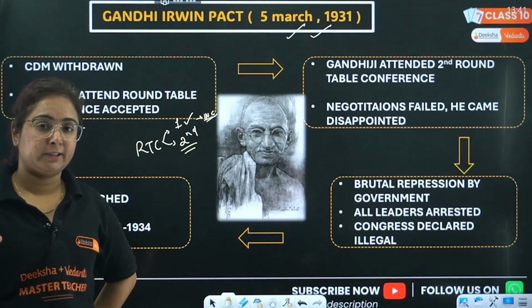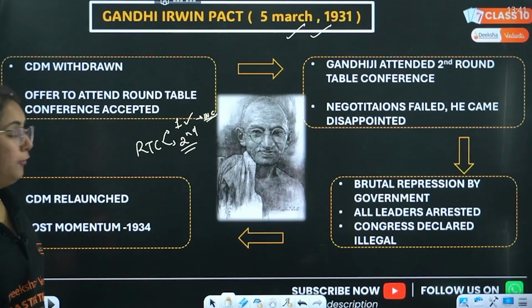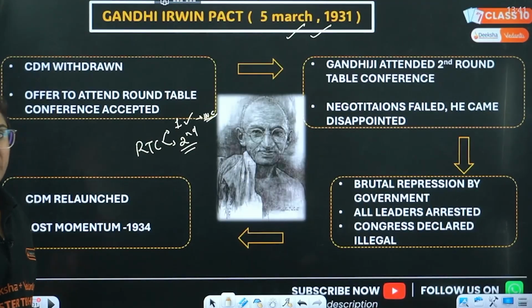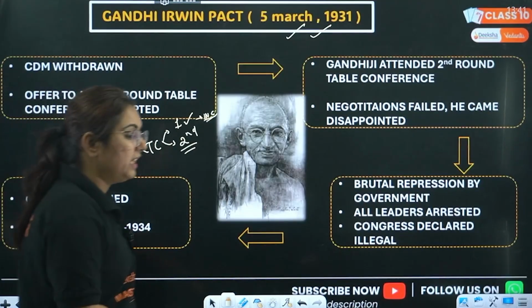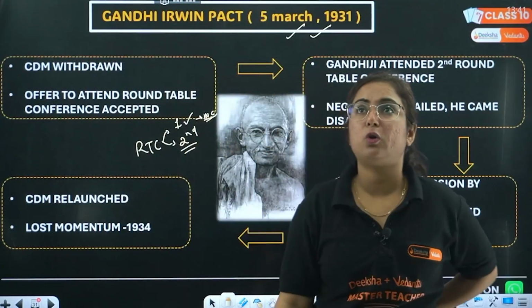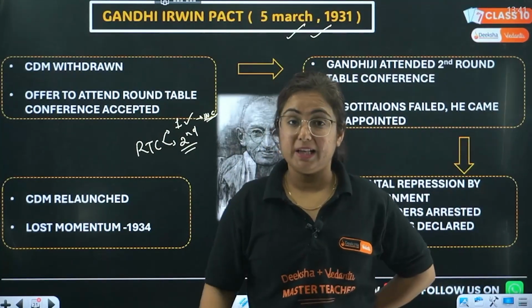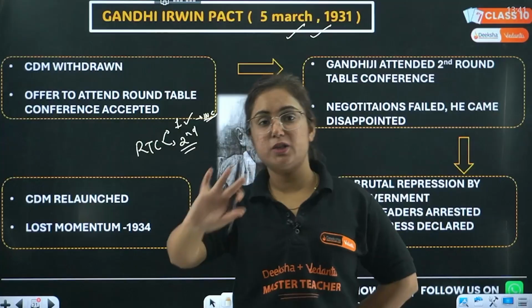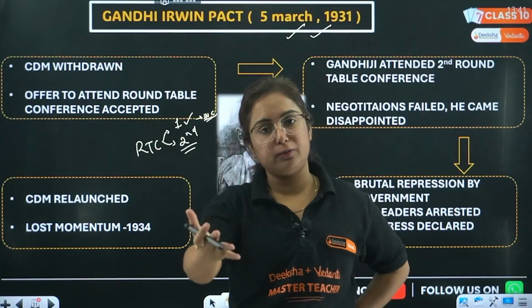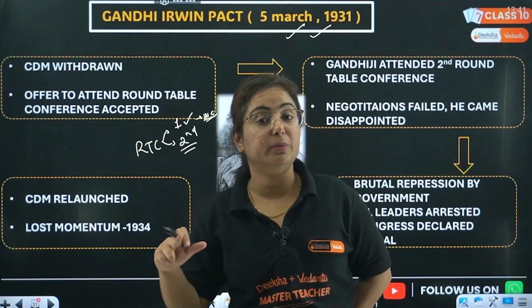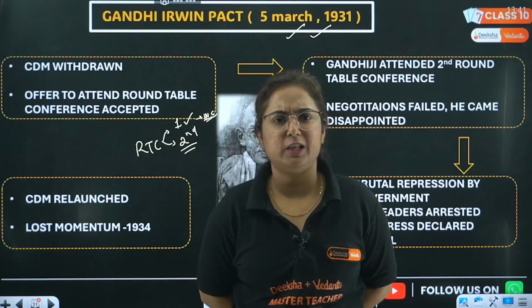Where? In London. So he came with an offer: we accept your demand, you accept our demand. Now, in those 11 demands was also the release of the political activists. But Irwin said that yes, we will release all those people who are not found to be guilty. Gandhiji thought that everything will be fine.